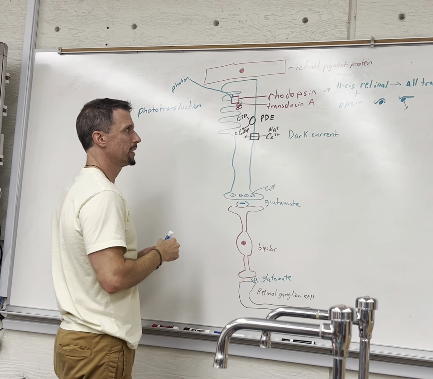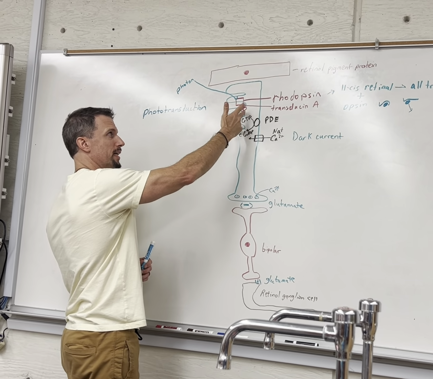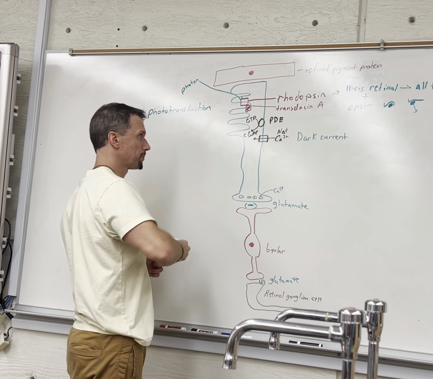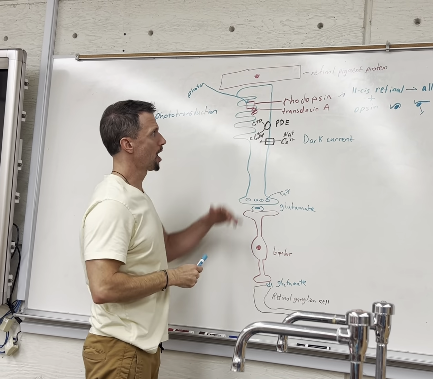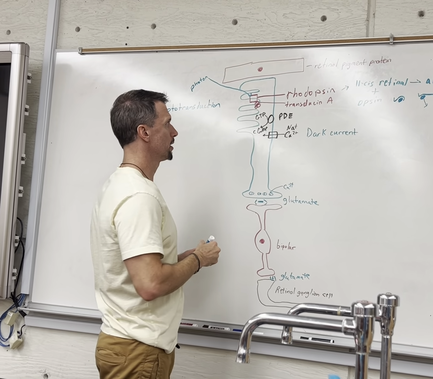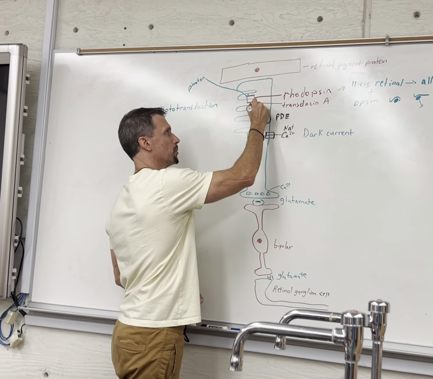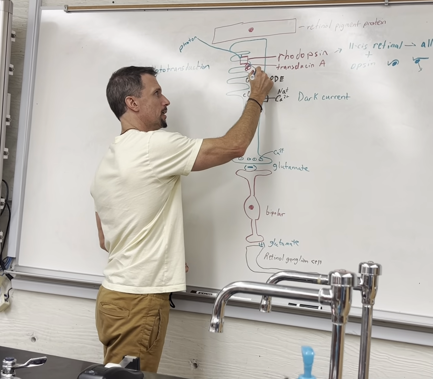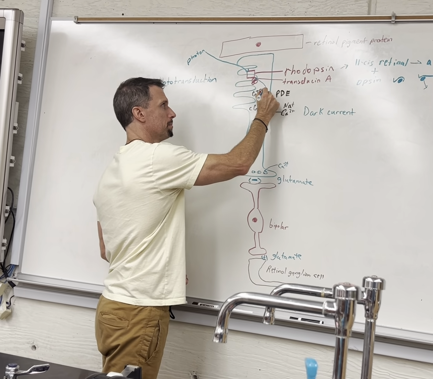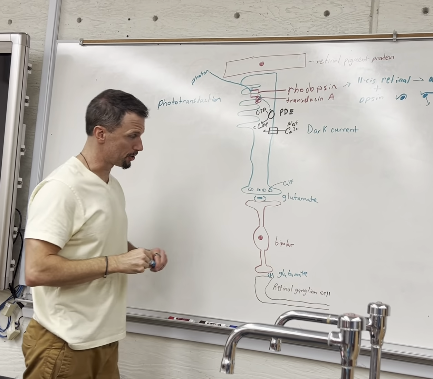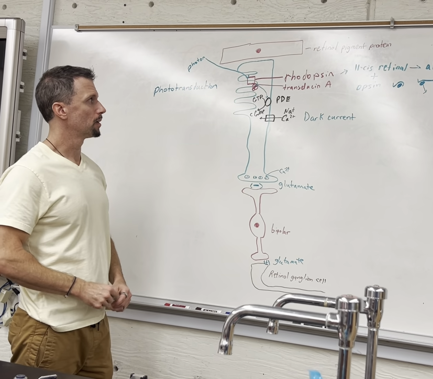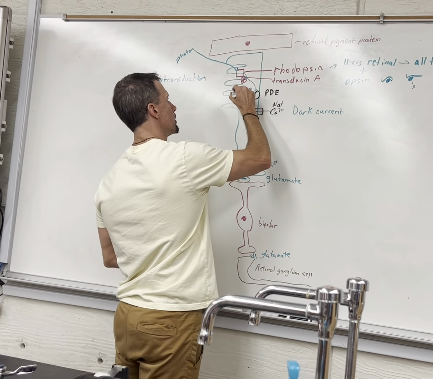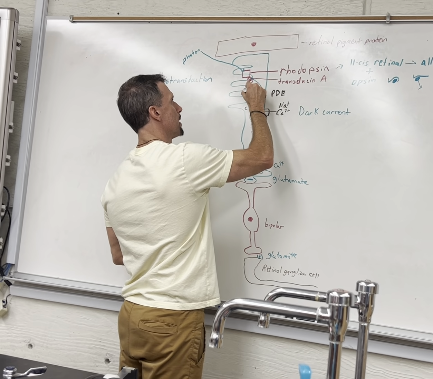The G protein actually has a name, it's called transducin. And transducin alpha is the alpha subunit right here. And when opsin activates it, the alpha subunit will dissociate, and it'll go over here to this enzyme. In the dark, the cyclic GMP is being made by a different enzyme.